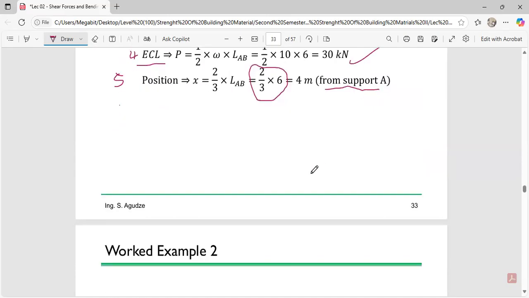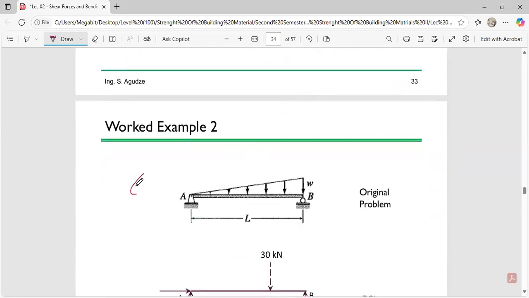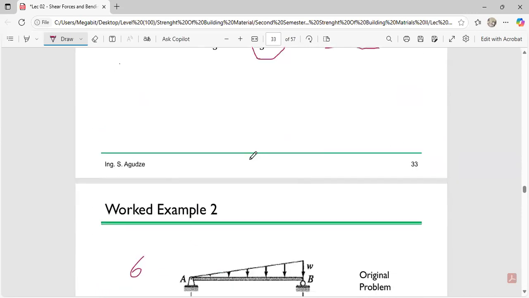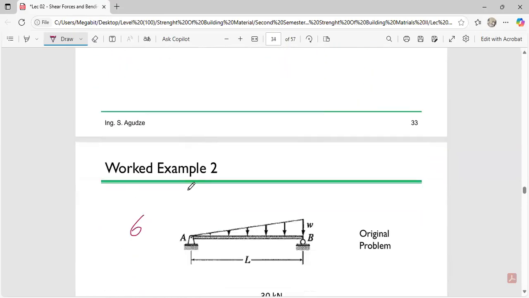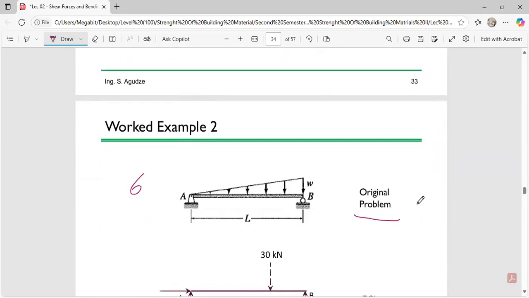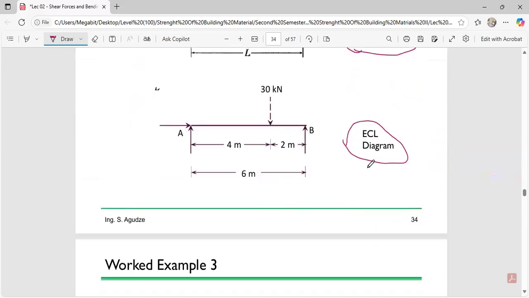4. So from there you come to your step six, and in your step six, what do you do? You realize that you are going to just redraw the original problem again. Then from there you come and draw your ECL diagram.